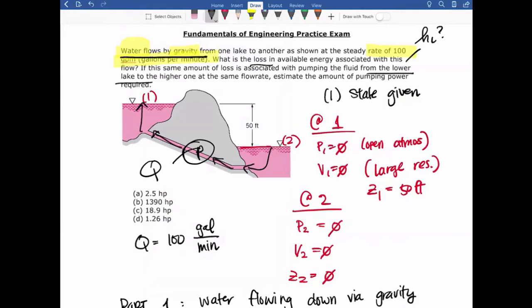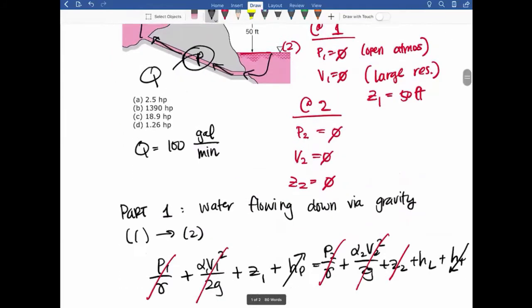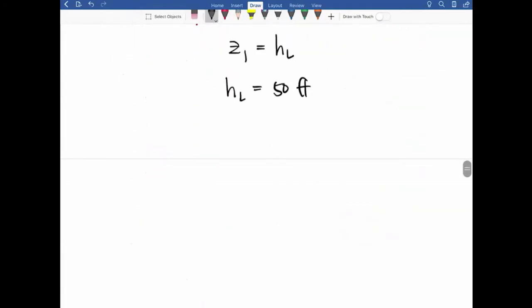Okay. Estimate the amount of pumping power required. So pumping power means W dot. That's what we're solving for now. So part 2 is solve for W dot of the pump.